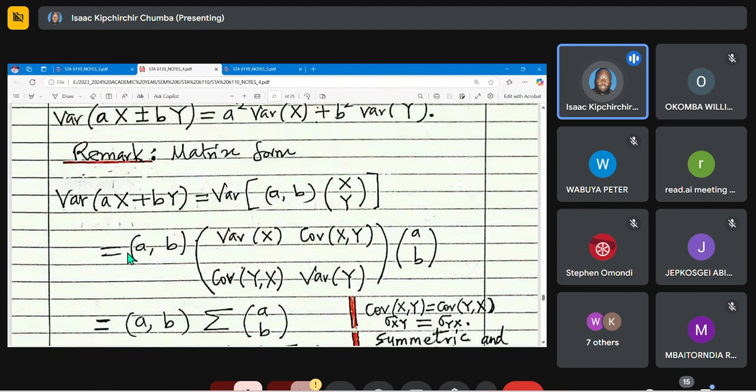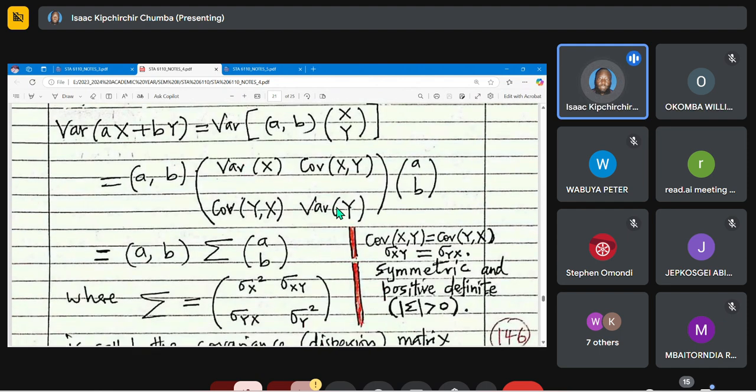If I write this row vector (a, b), I multiply this matrix with the row vector (a, b) and post multiply with this column vector (a, b). The matrix I have here along the diagonal are the variances for x and for y. Off the diagonal are the covariances.